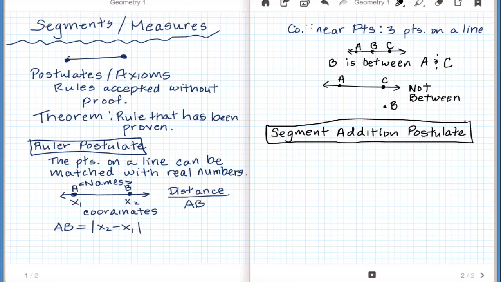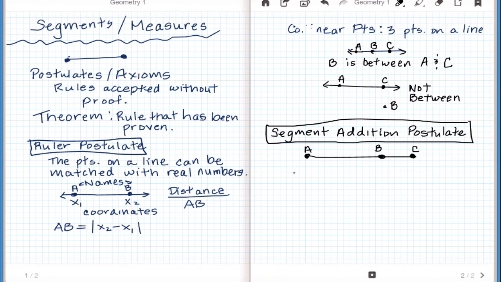And basically all segment addition postulate is, I'm going to do the illustration first and then I'm going to put it in words. So I have a segment here. And let's say I have a point right here. So this is point A. This is point B, and this is point C.